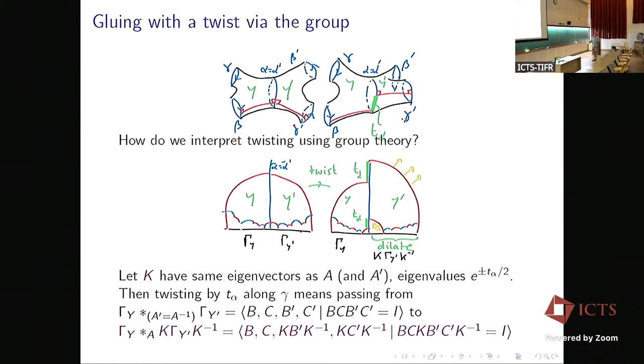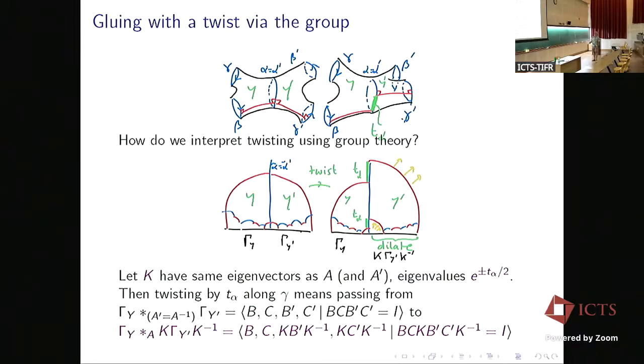It mapped this geodesic to itself. So it has the same eigenvectors as A, and therefore also of A prime, because A prime has the same eigenvectors as A. And it has eigenvalues e to the plus or minus T alpha over 2, because that would give me that the length, given by the trace, is T alpha. So the trace of this map would be 2 times hyperbolic cosine T alpha over 2.